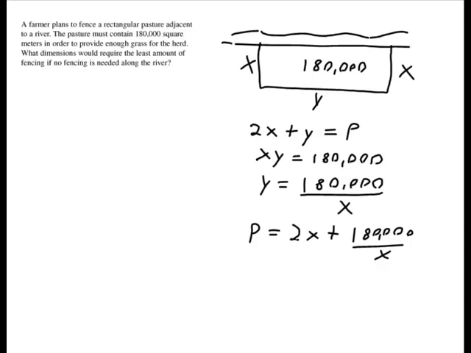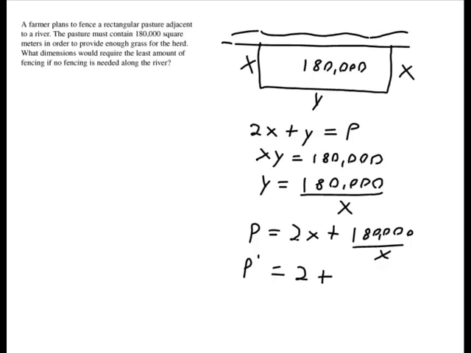And how do we find a minimum? With a derivative. So what we're going to do is take the derivative and find the extrema, and that will tell us what x value will give us the minimum perimeter. So the derivative, and I'll just call it P prime, will be 2 plus the derivative of 180,000 over x.